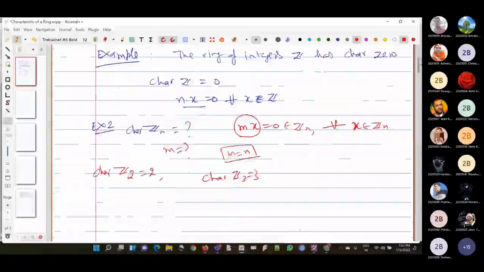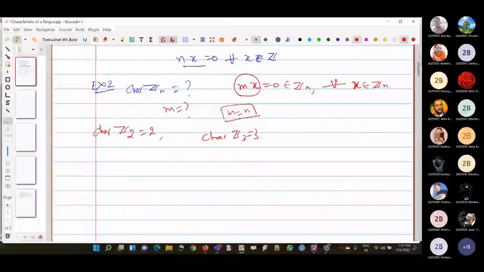So is there any formula or concept with the help of which we can determine the characteristic of a ring without actually computing? There is a result recorded as a theorem in your textbook.